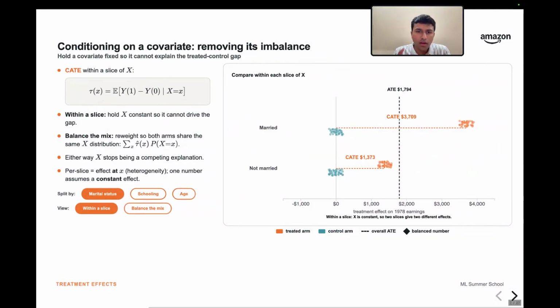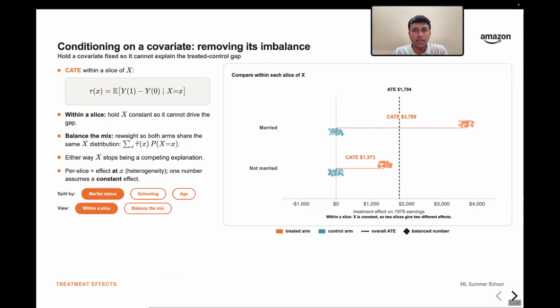Another way of looking at Kate is, instead of looking at that small slice, we look at the entire population and then balance the mix. For example, if married people had a higher concentration, let's say 60% of our group was married as compared to 40% not married, we'll try to reweigh them.